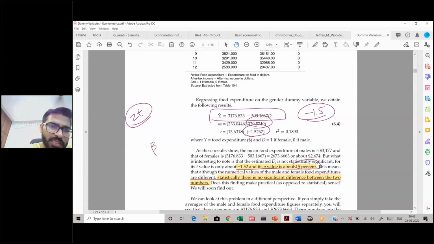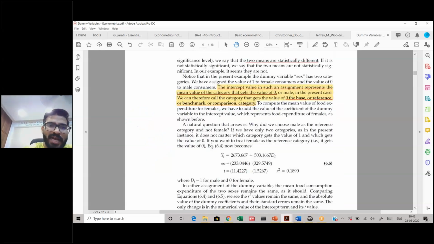In this case, therefore, we will say that beta 2 is actually equal to 0, that means there is no significant difference in the average food expenditure of males versus females. Remember the base category. If you change the base category, your interpretation will change a little. To find out the base category, you have to write di is equal to 0.